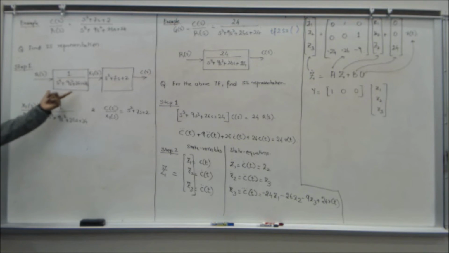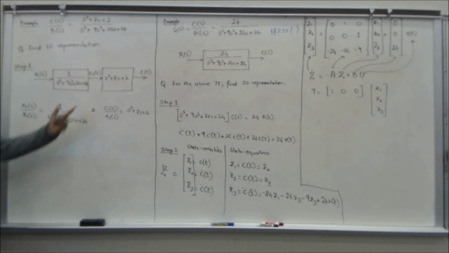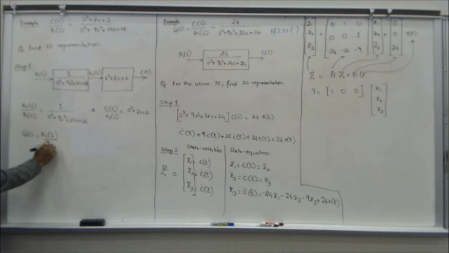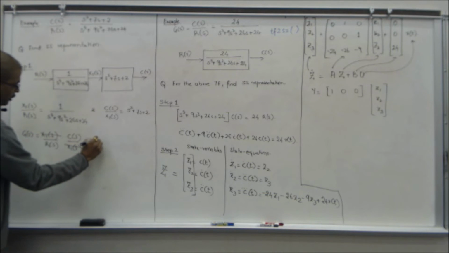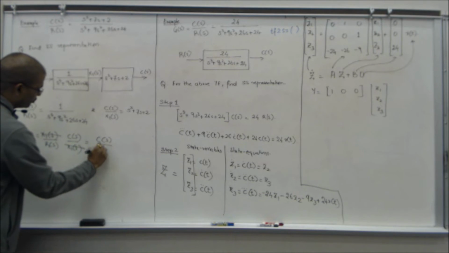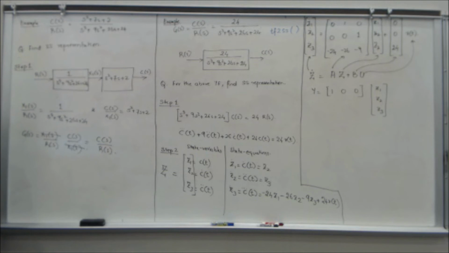We'll learn this later, but cascade means you can just multiply whatever is there. So you're going to multiply: G of s is equal to X1 of s over R of s times C of s over X1 of s, and this just cancels out. So you still end up with this. You haven't changed anything. That's what I'm trying to convey.